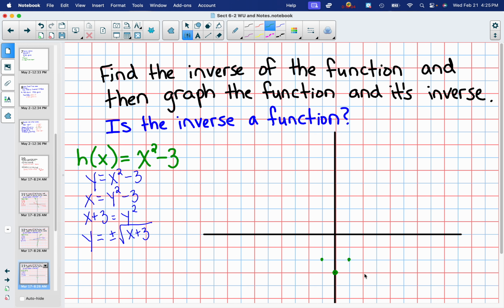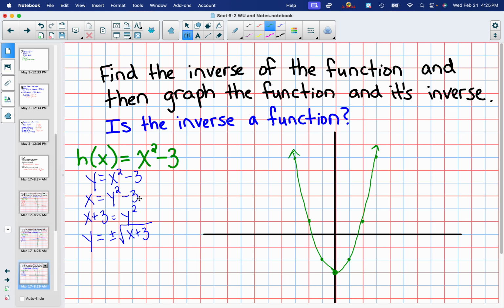And it's going to go over 2, up 4. And if I wanted to go over 3, I would go up 9. And I'm going to draw that in as carefully as I can. Kind of made that look not curved enough.